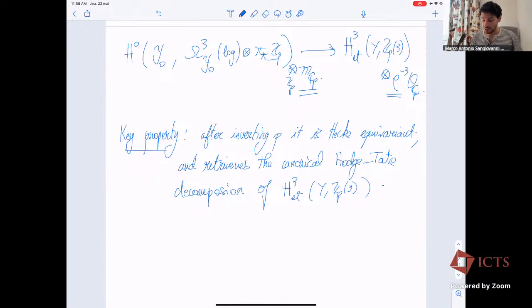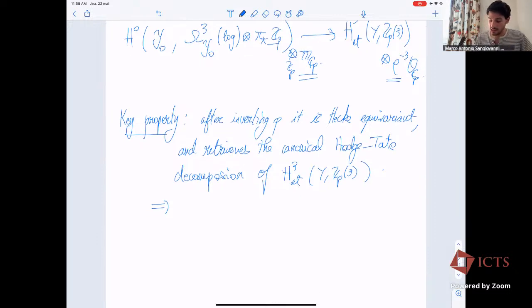Moreover, I use the log cotangent complexes, but you also have the non-log version, and you have a map from the non-log version to the log version. And so it is compatible.